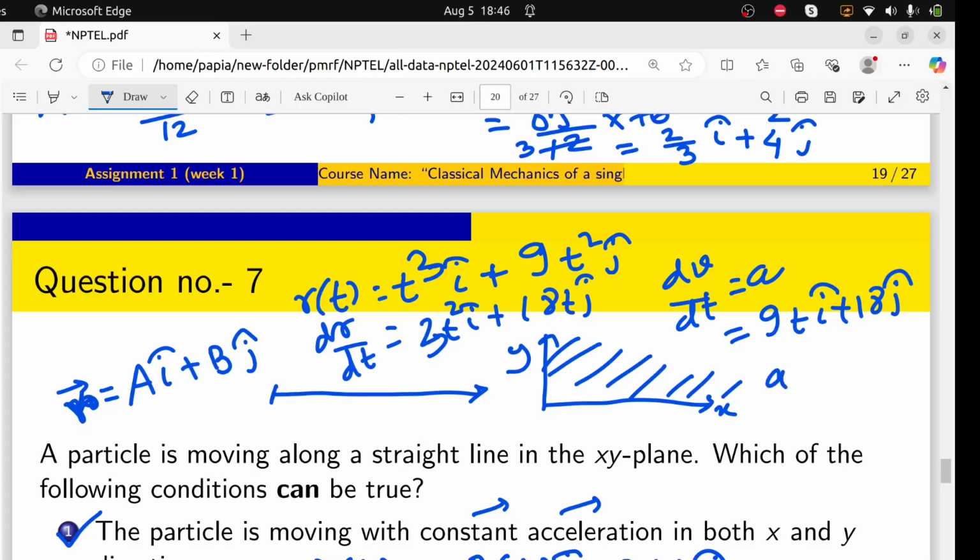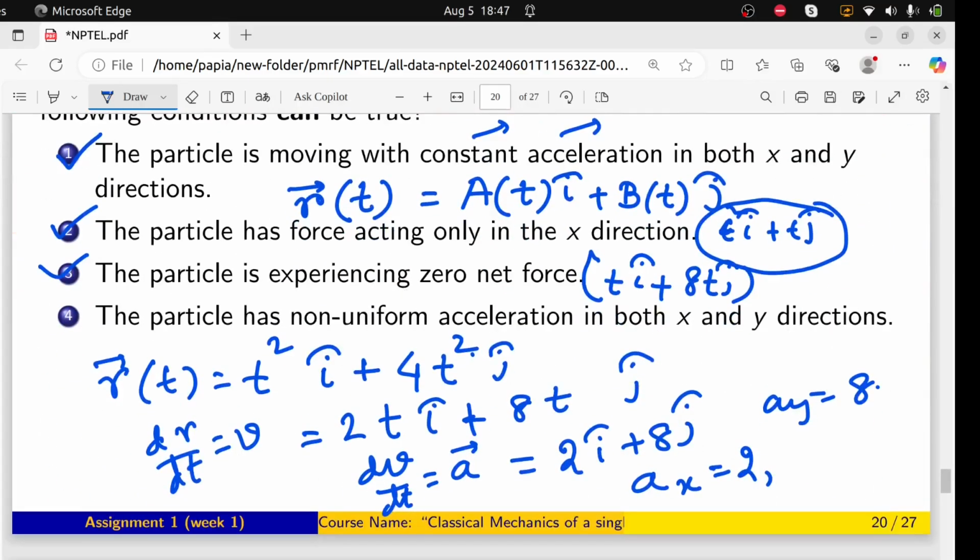Now you can see here ax is 9t and ay is 18. So you can understand that both are not the same. One is a function of t and the other is a constant value, so these two are non-uniform, right? So ax and ay both can have a non-uniform acceleration in x and y directions.